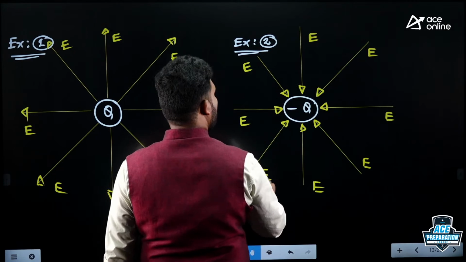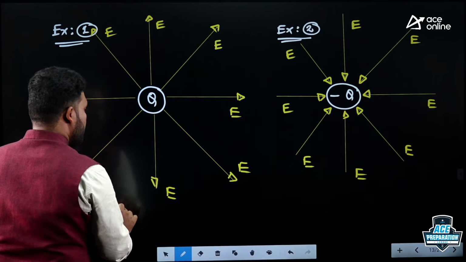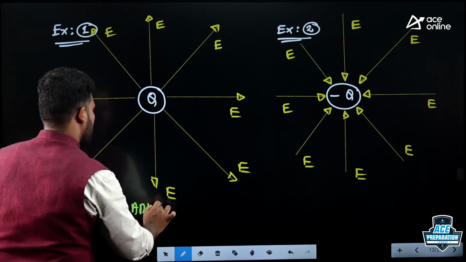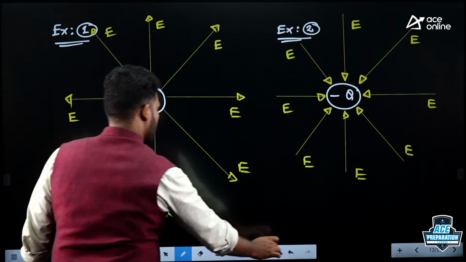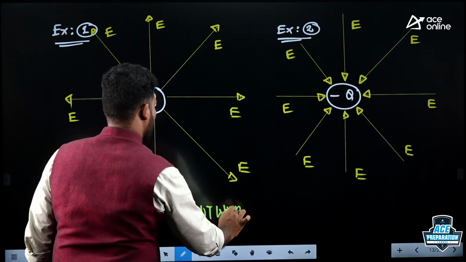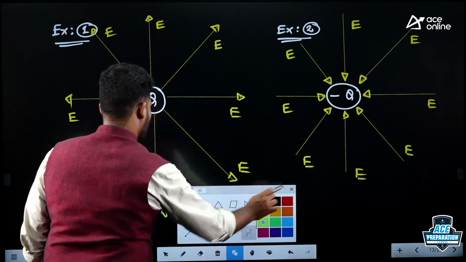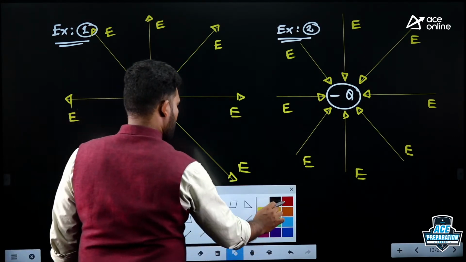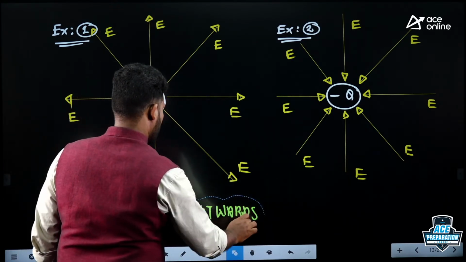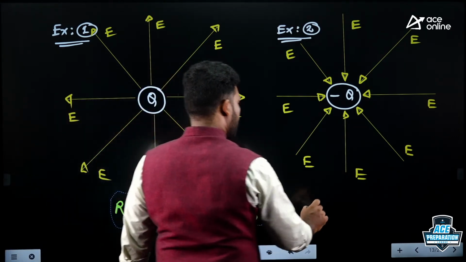So what you have to remember here: due to a point charge, the electric field is radially outwards due to a positive charge, and radially inwards due to a negative charge.